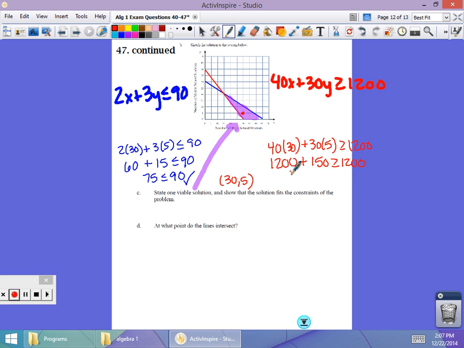Add together 1200 plus 150, you get 1350, greater than or equal to 1200. That is also greater than or equal to. So our answer would be, 30, 5 is a viable solution because it fits both constraints.